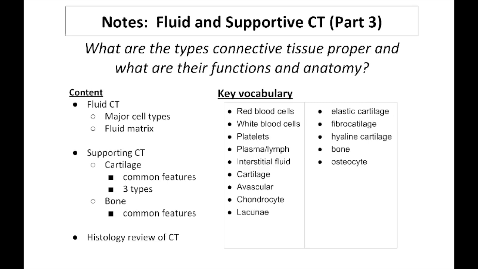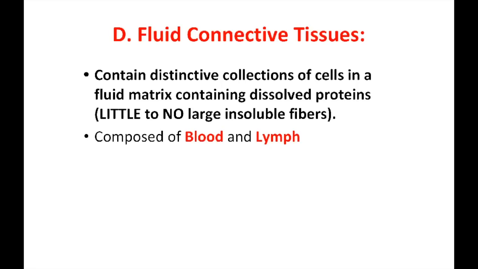And finally, at the end, I'll go over some pictures of all those tissues as they are found in a typical slide. So, fluid connective tissues are fluid. And the reason why they're fluid is mainly due to their matrix.